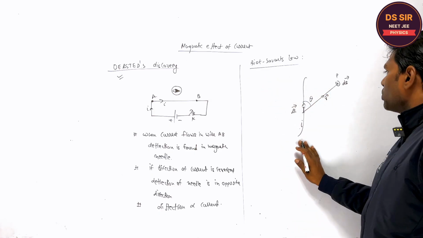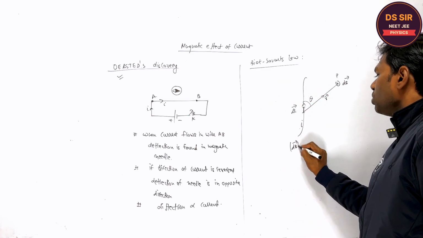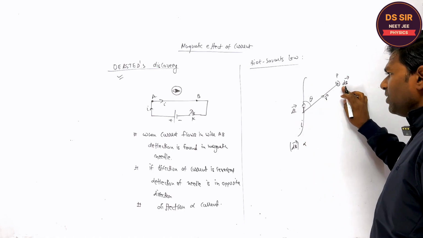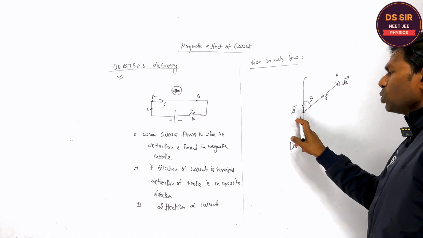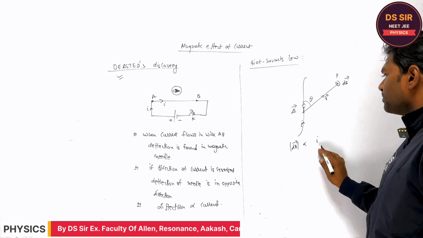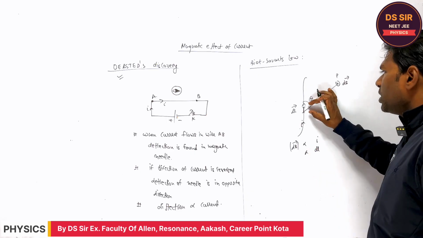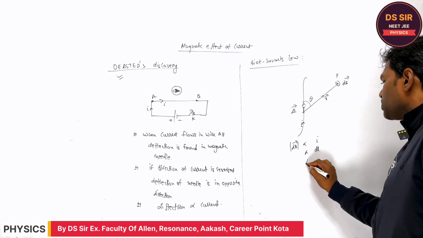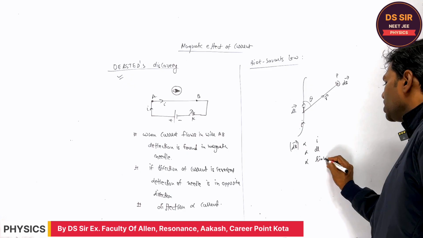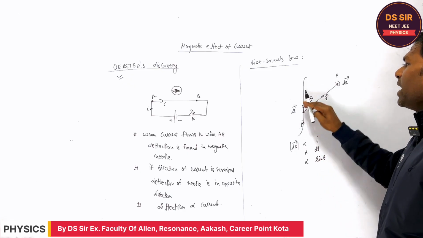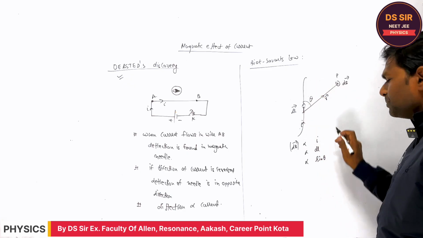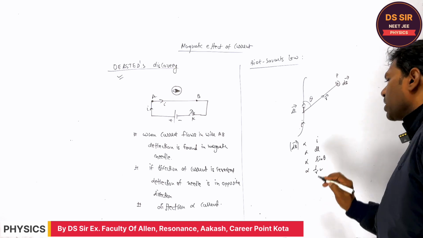According to Biot-Savart's law, the magnitude of this elemental magnetic field is proportional to the current flowing in the wire, proportional to the length of the wire, proportional to sine theta, where theta is the angle between dl and the r vector, and inversely proportional to r square.